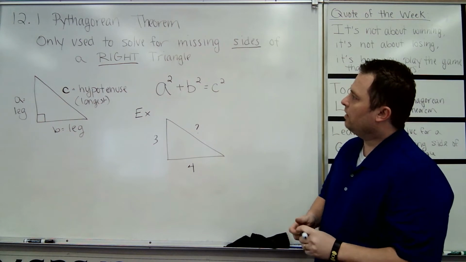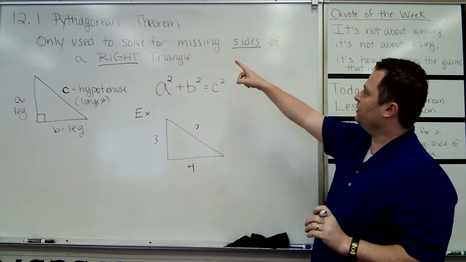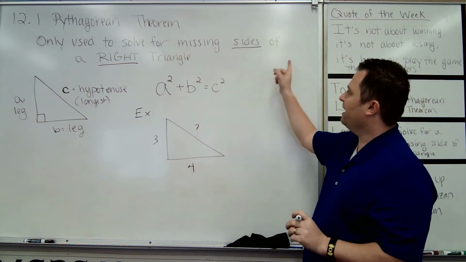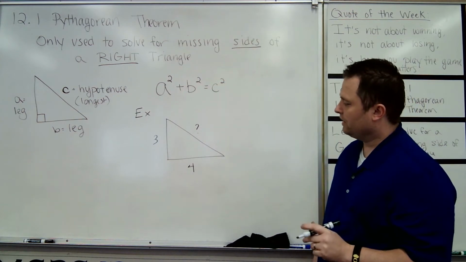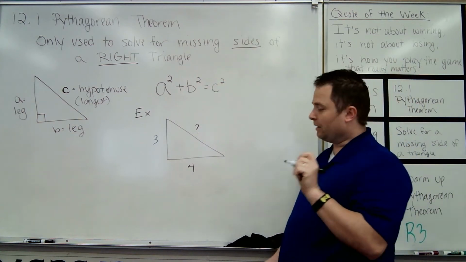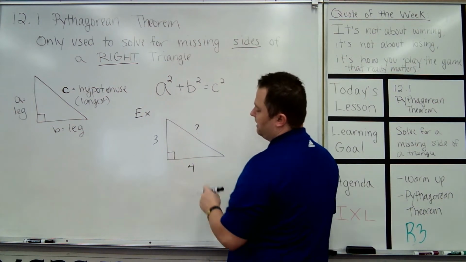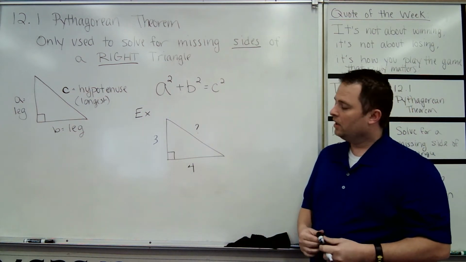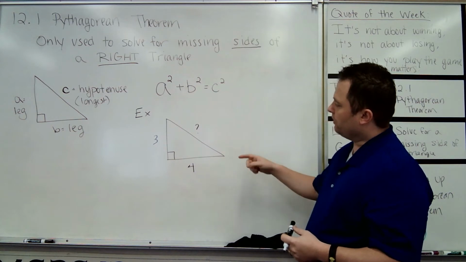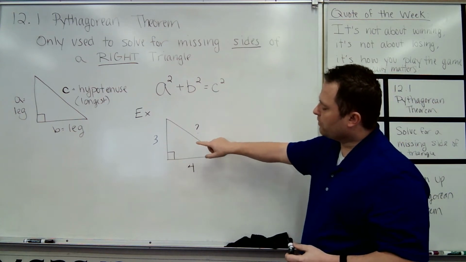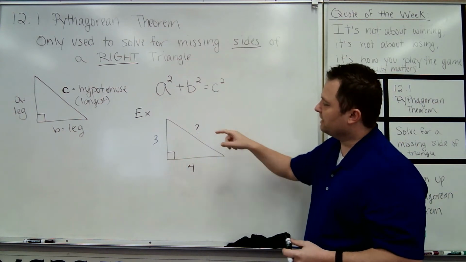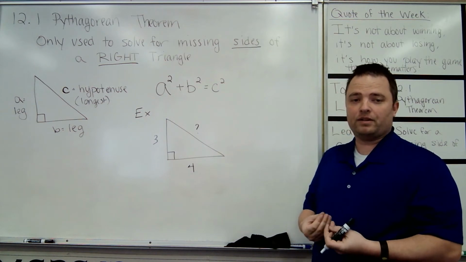Now, I do want to point out that this is only used for solving sides. Well, I have a missing side, and only of right triangles. And to make sure that you guys understand that this is a right triangle, I have to put this box in the bottom corner that I'm claiming is 90 degrees. Now, this is a right triangle, because that's a 90 degree in it, and it's missing a side. So now I get to use the Pythagorean Theorem.